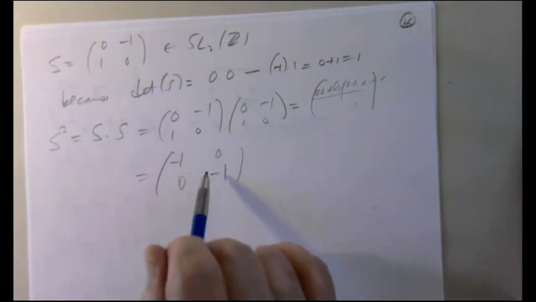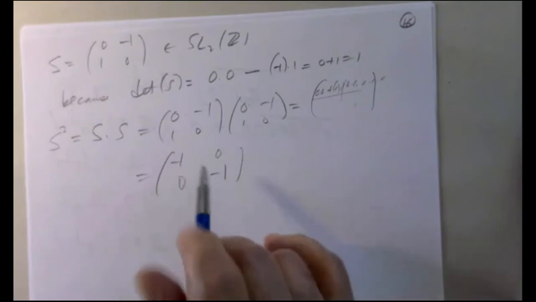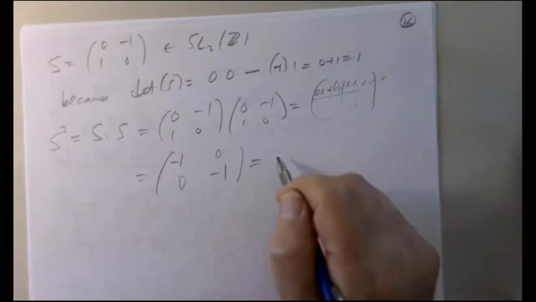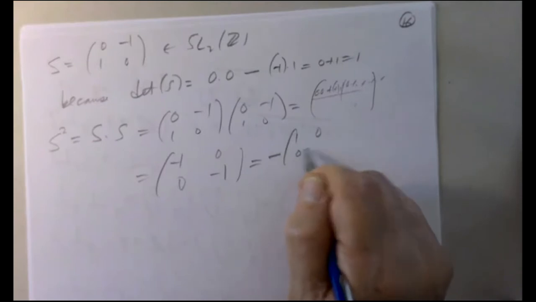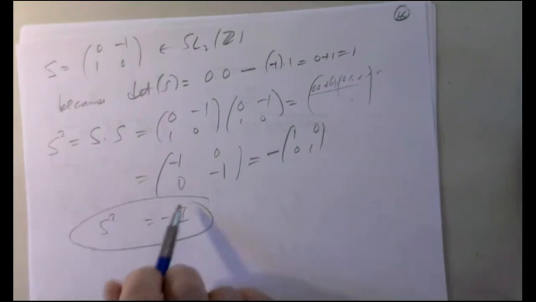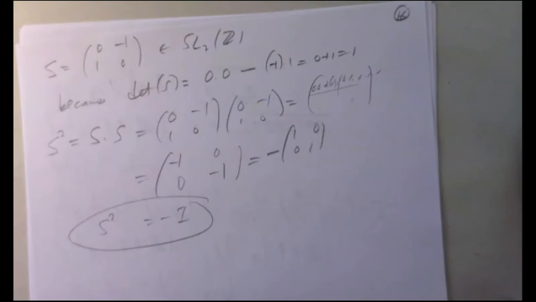So S squared is the matrix minus 1, 0, 0, minus 1, which I could write as minus the identity, if you like. So let me just call this matrix minus I. So if I take this matrix in SL2Z and I square it, I get minus the identity. Minus 1, 0, 0, minus 1.